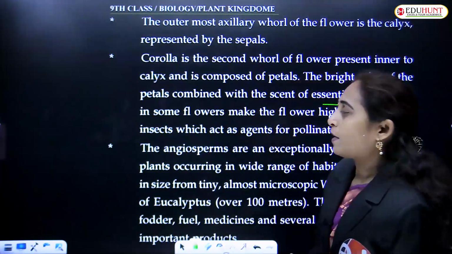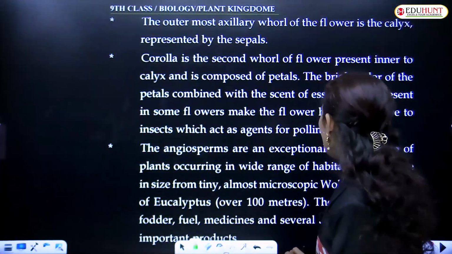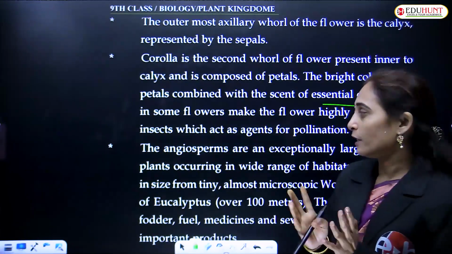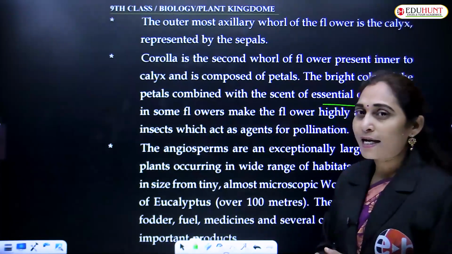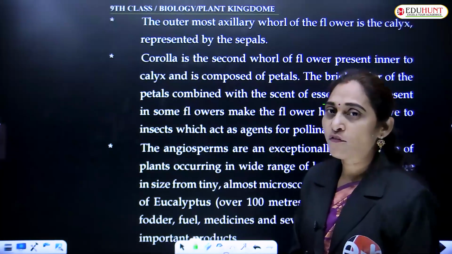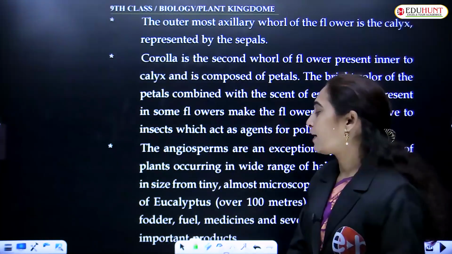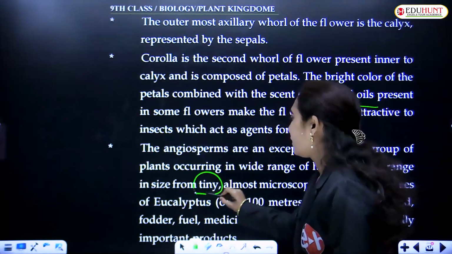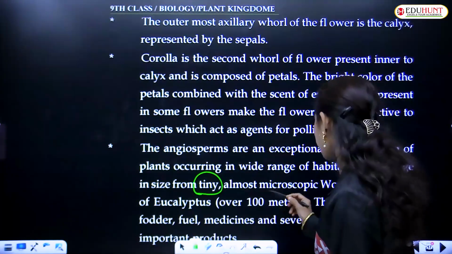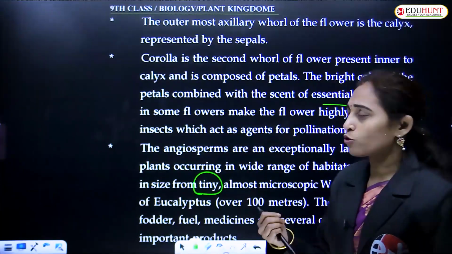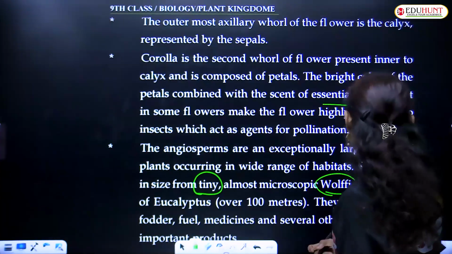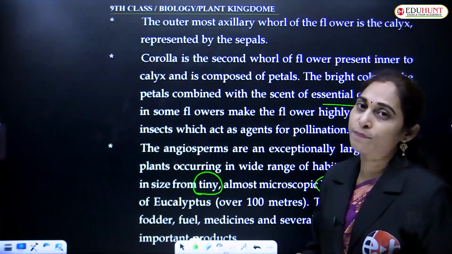And the angiosperms are an exceptionally large group of plants on the globe, occurring in a wide range of habitats. They range in size from tiny plants, almost microscopic, like Wolffia, to tall trees like eucalyptus trees.